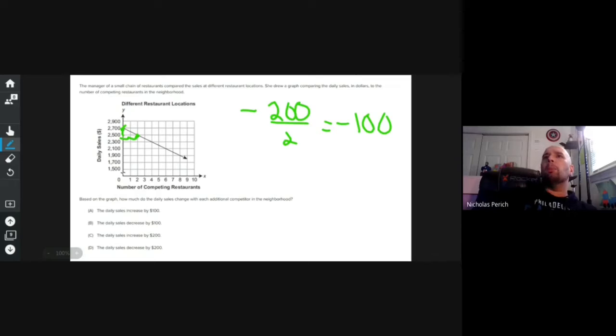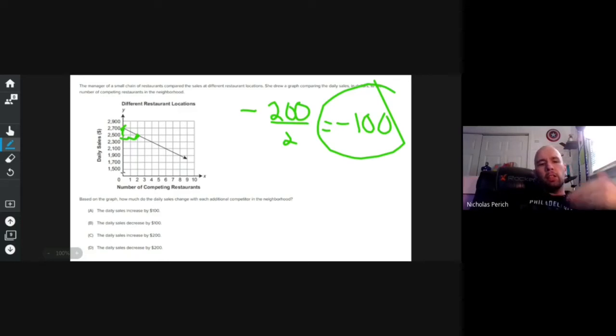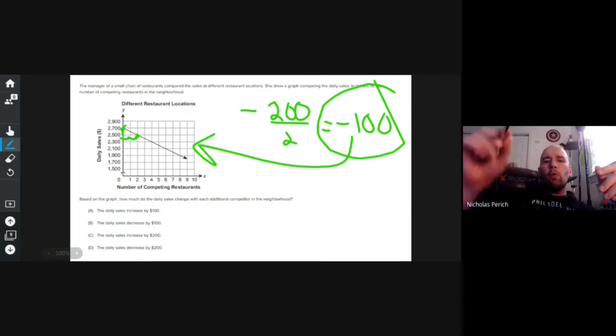I want you to type out in the chat, without hitting send yet, what negative 100 means in words. Just a letter answer. Look at your answers. It's either going to be A, B, C, or D. So according to this problem, what does negative 100 mean?